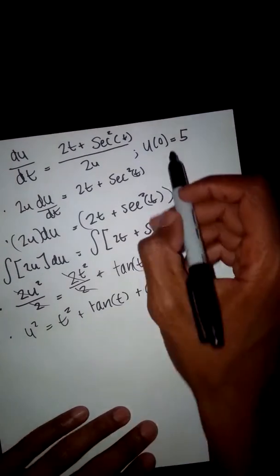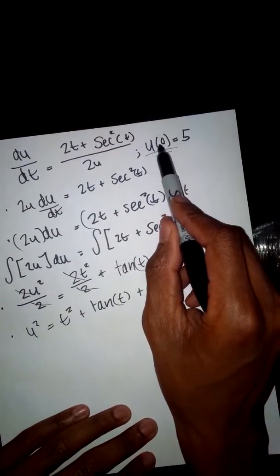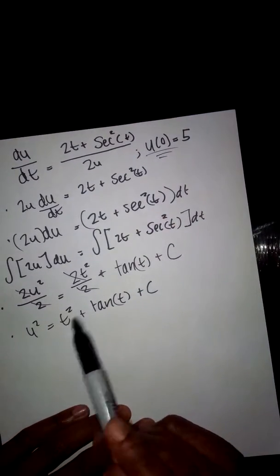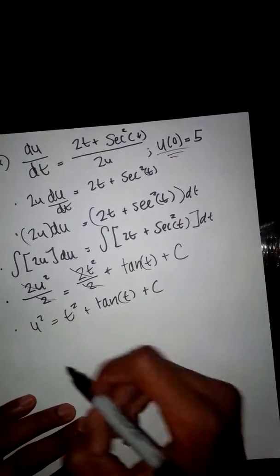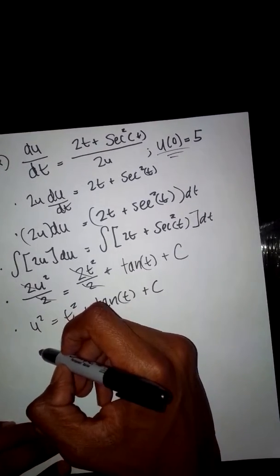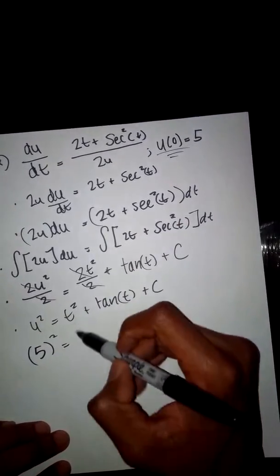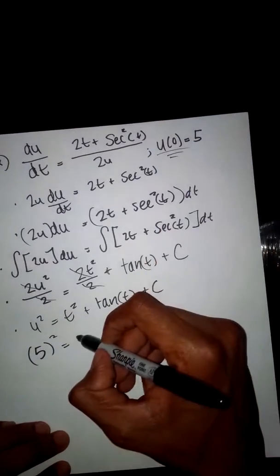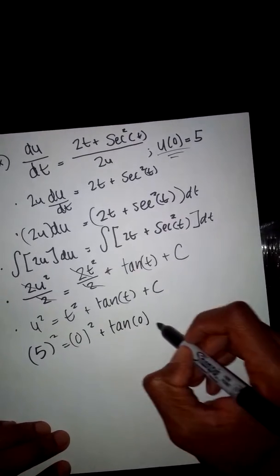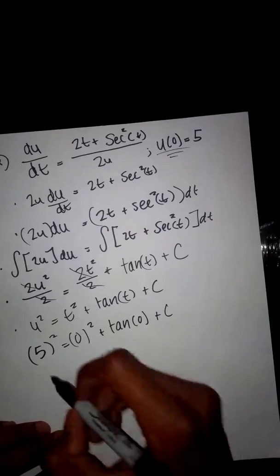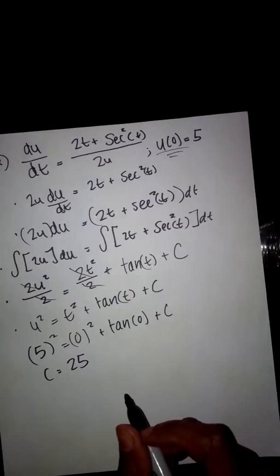Now this is where the initial condition comes in. It says when t is 0, u is equal to 5, right? So I'm going to use that to solve for my constant of integration here. Plugging in 5 for u, when t is 0, 25 equals 0 squared plus tangent 0 plus c, I get c is equal to 25.